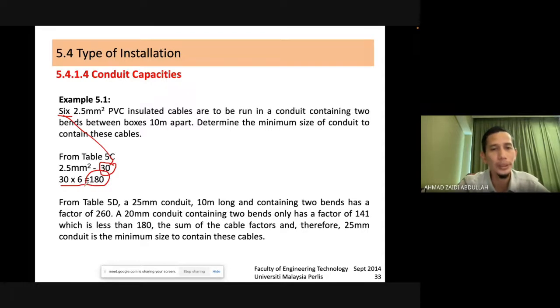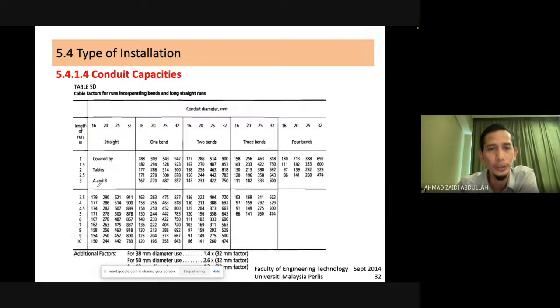So from 180 we can check from table 5D. So we have 180, and we check. We know we have 2 bends. So for these 2 bends, we look for which one is suitable, what size. Then we look at the horizontal cable length.